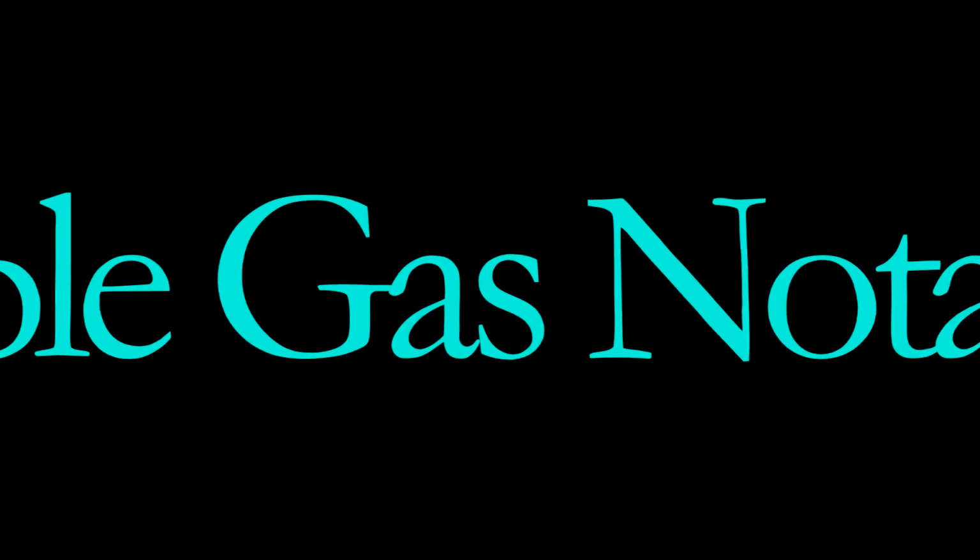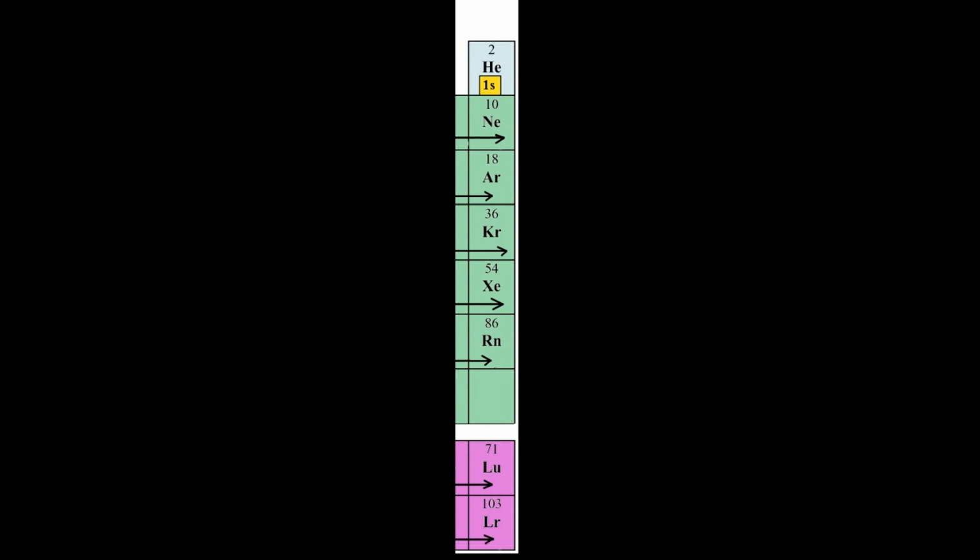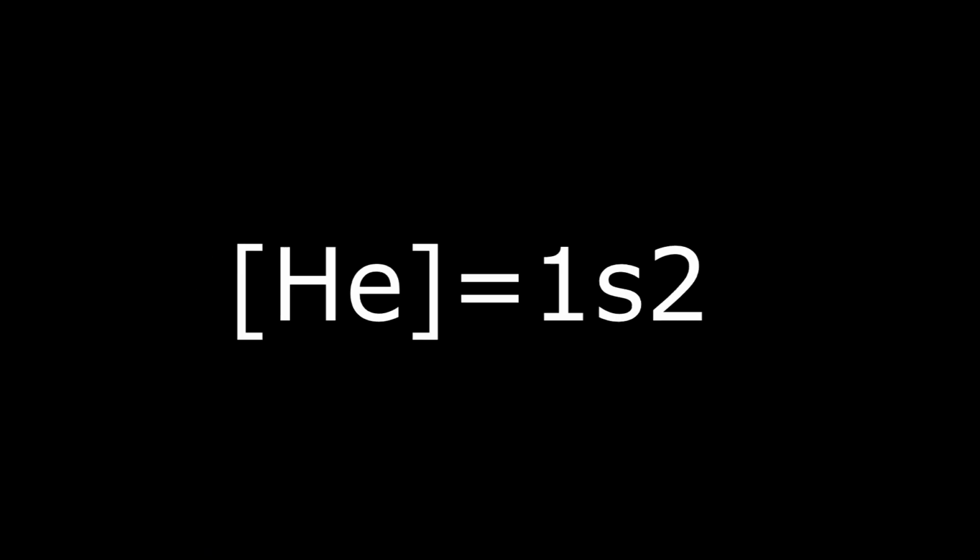To write in this notation, the noble gas preceding the element we are writing the electron configuration for is denoted, and then we will fill in the remaining orbitals using regular notation. The noble gas represents orbitals that have already been filled, so say that we wanted to write bismuth, it would now be xenon 6s2, 4f14, 5d10, 6p3, which is much shorter than the previous example.